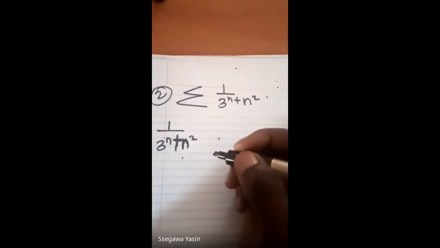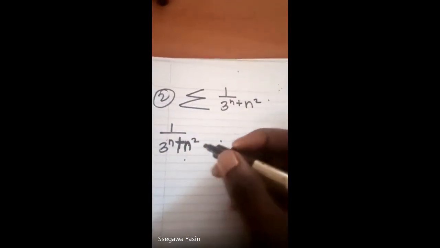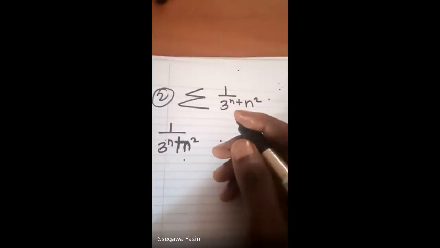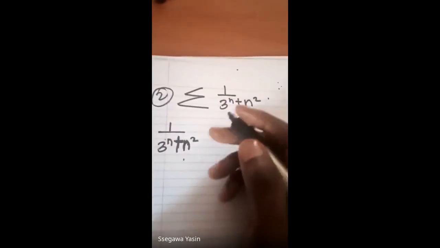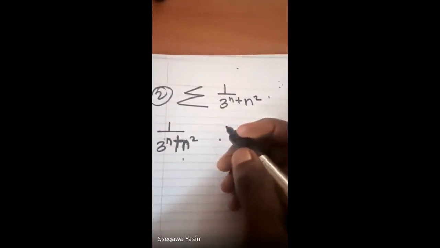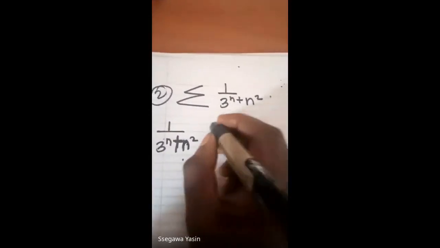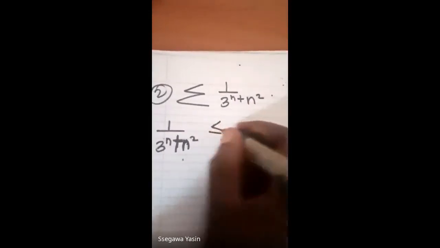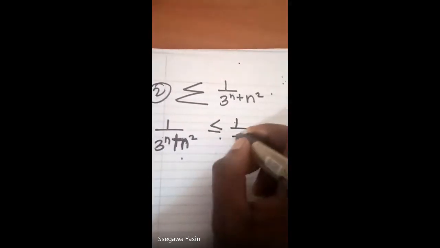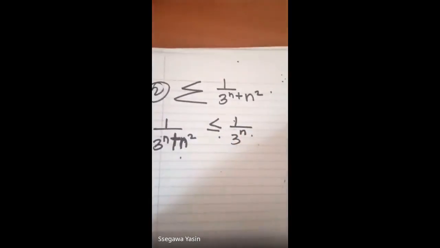If I do that, what will happen to me? I may decide to leave out n squared, because here I may decide to do 2 things. You drop this guy, it will be less or equal to 1 over 3 to n.